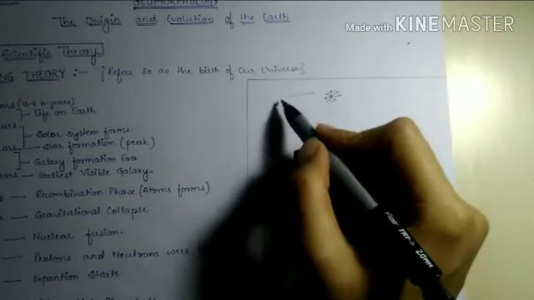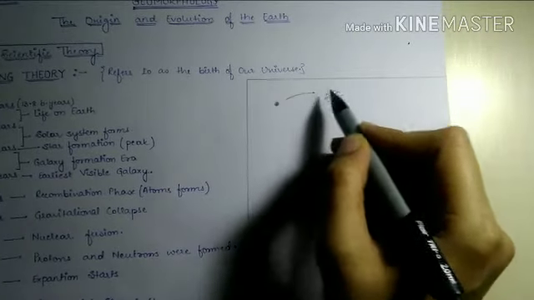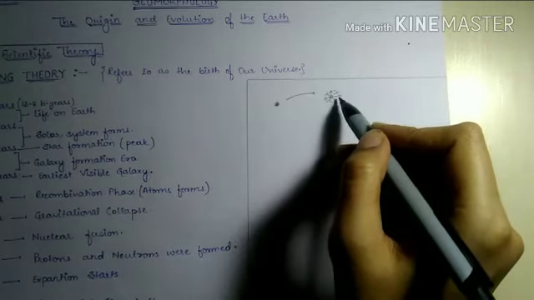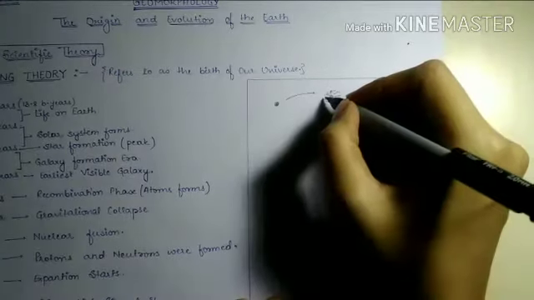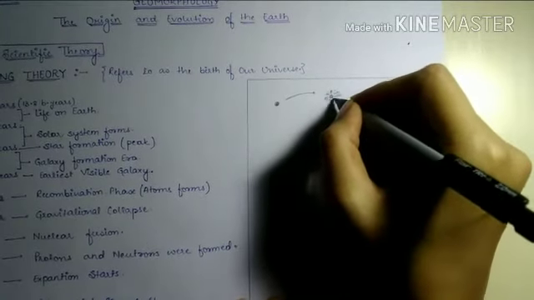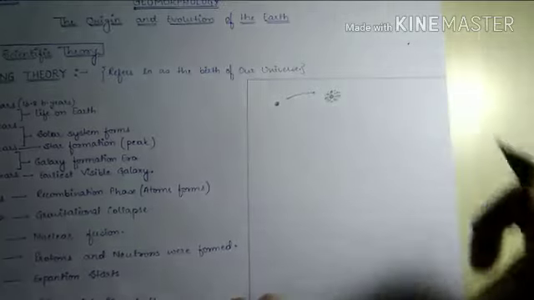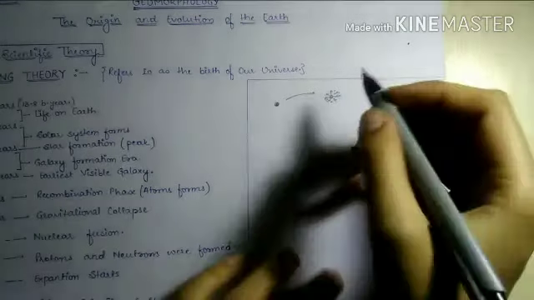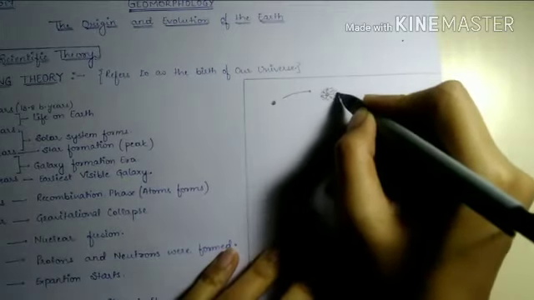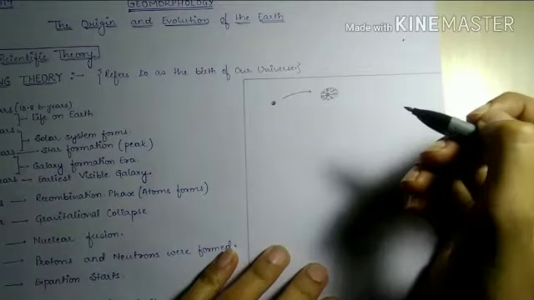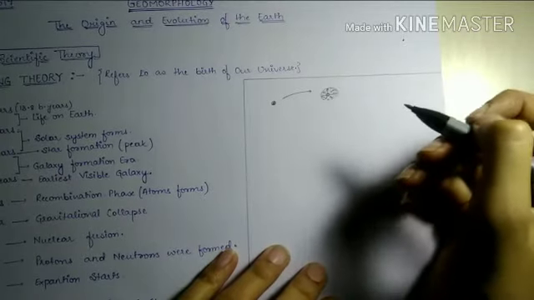So this singularity was expanding, and this expansion was homogeneous. That is, the distribution of the material was homogeneous and isotropic. So this whole thing has very high energy, very high density, and huge temperature.